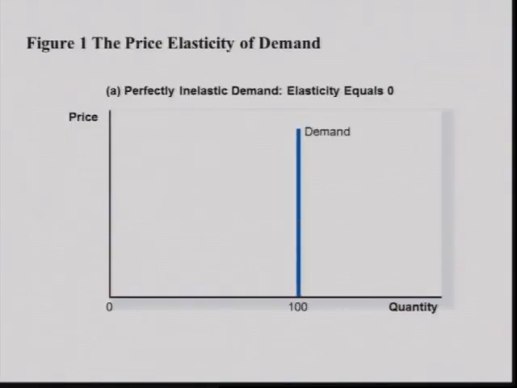And this is what that looks like. So if you have to have 100 doses of your insulin, like my brother's friend, no matter what the price, the pharmaceutical company could charge $4 for a dose, $5 for a dose, $100 for a dose. If it's something that his life depends on, he's still going to buy 100 doses per month, right?